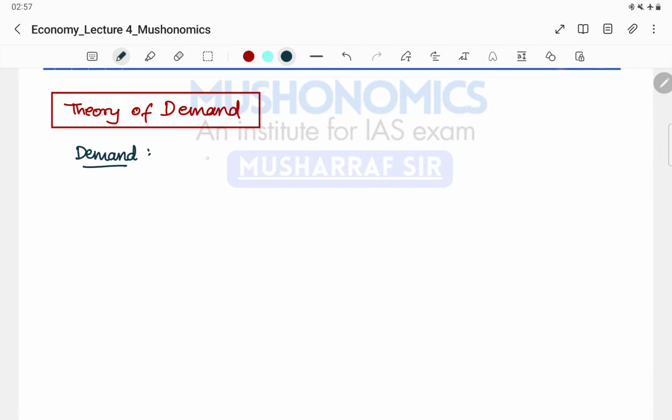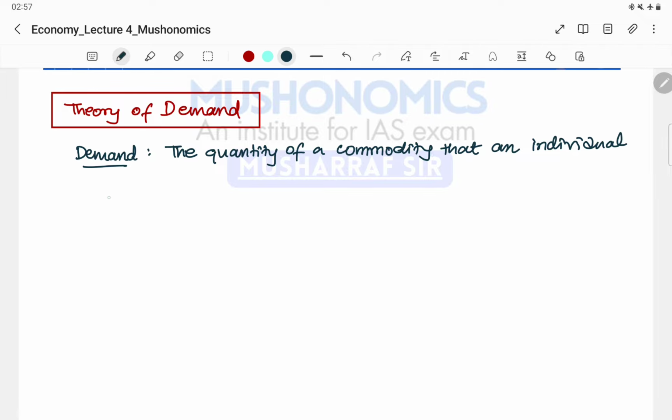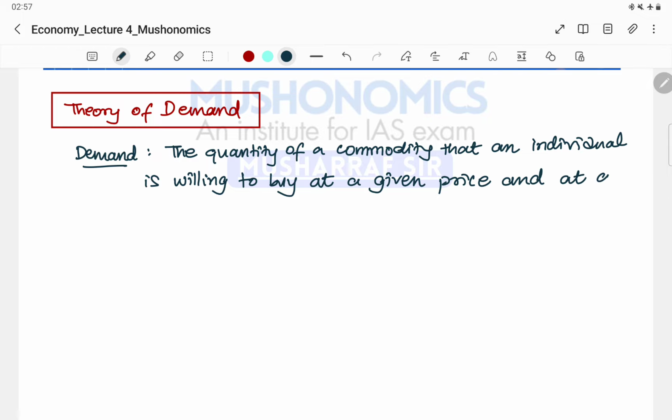So demand is nothing but the quantity of a commodity that an individual is willing to buy at a given price and at a given point of time, right?